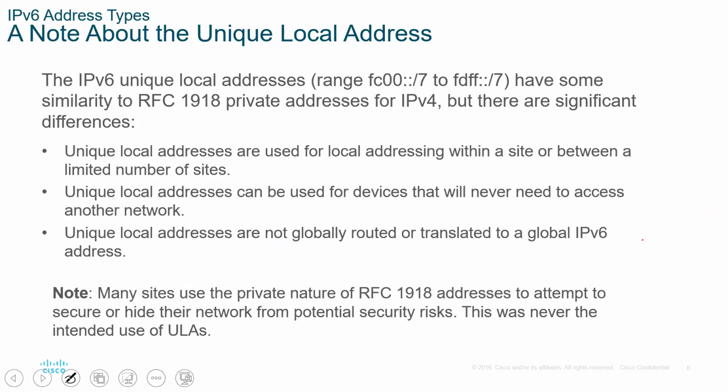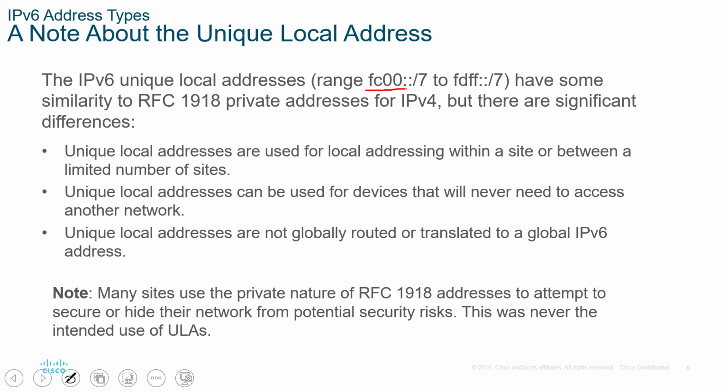The IPv6 unique local address ranges from FC00::/7 up to FDFF::/7. They are like the private IP addresses that we have, but they have some significant differences.